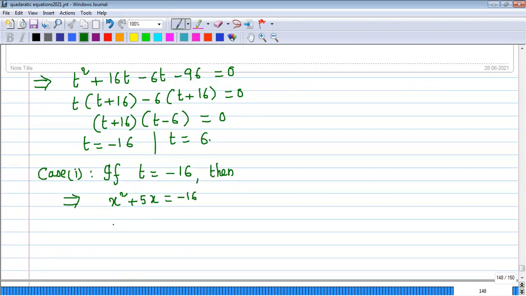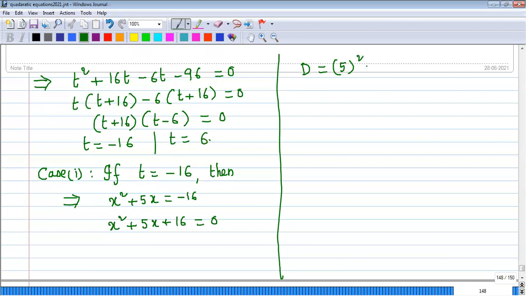Transpose negative 16 to the left hand side, we get x square plus 5x plus 16 equal to 0. So now D is b square minus 4ac, 5 square minus 4 into 1 into 16, that is 25 minus 64, that will be negative 39.